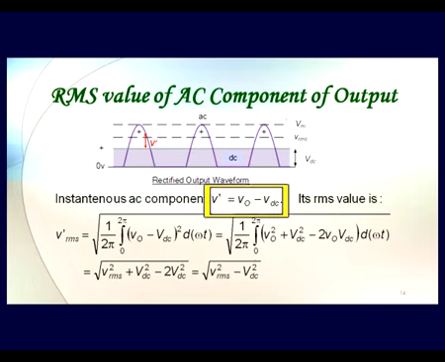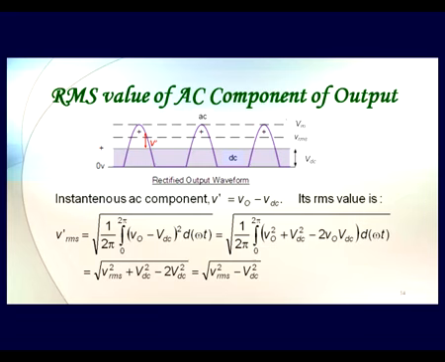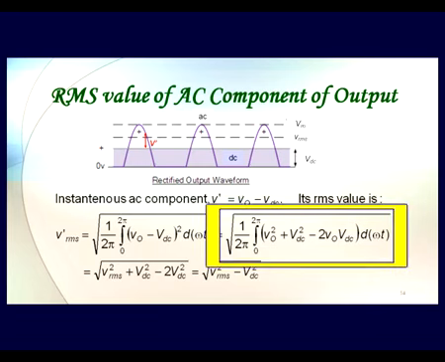Now if I try to find the RMS value of this instantaneous AC component, it will be V prime RMS equal to 1 upon 2 pi integral 0 to 2 pi VO minus VDC square d omega t, that is 1 upon 2 pi 0 to 2 pi. I just expand this square term, V0 square plus VDC square minus 2 V0 VDC d omega t.